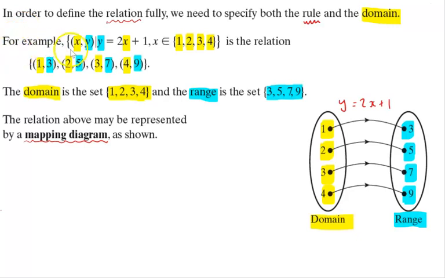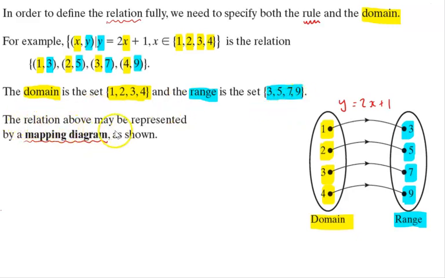For example, {(x, y): y = 2x + 1, and x is an element of {1, 2, 3, and 4}} is the relation {(1, 3), (2, 5), (3, 7), (4, 9)}. The domain is the set {1, 2, 3, 4}, and the range is the set {3, 5, 7, 9}.